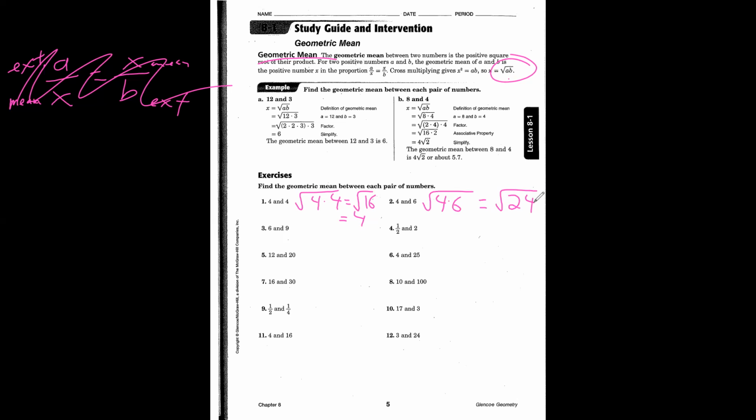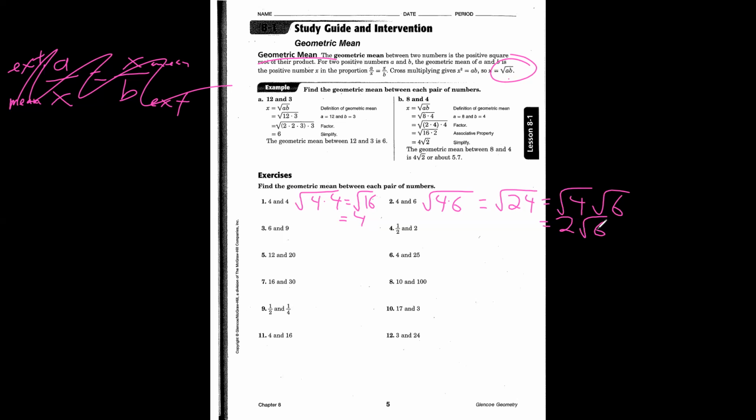I was actually at a better starting point right here because I already had a perfect square, which is 4, and 6, which wasn't. So I could go from that point and just break this down to square root of 4, square root of 6. What's the square root of 4? 2. So my answer is 2 radical 6. And sometimes it's better just to take the square root right away.